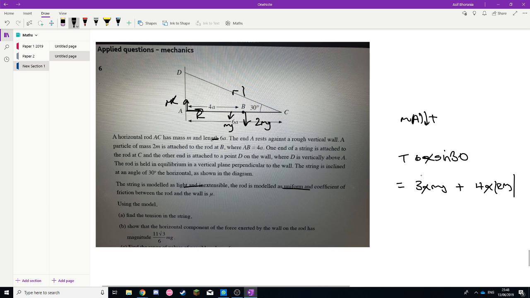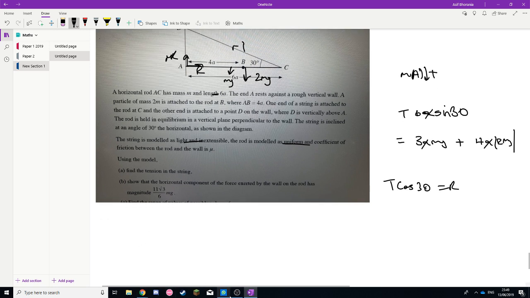You find tension in terms of mg. Show that the horizontal component of force exerted by the ball on the rod has that magnitude: you just say that T cos 30 is equal to R, and T cos 30 is that.